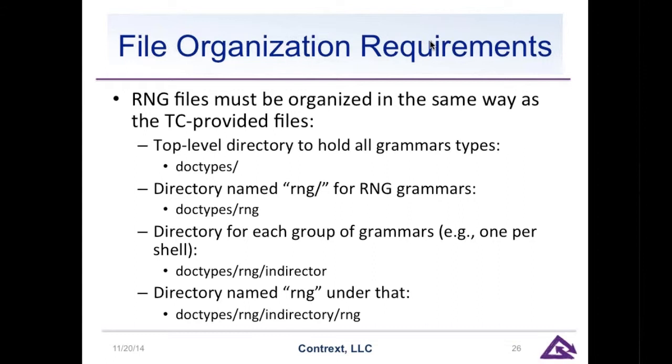Then in that, you need directories for each different thing that you have. Like here, this would be for my indirector topic type and other ones. And then under each one of these, you have another directory named RNG that actually contains the grammar. So you get doc types, RNG, indirector, RNG. That's just how it is, and don't ask me why. But right now, you just have to do that.